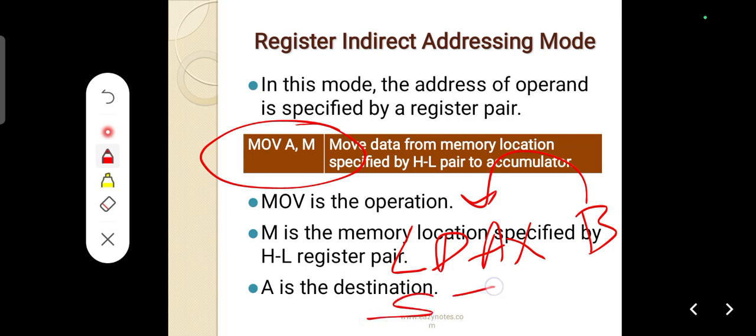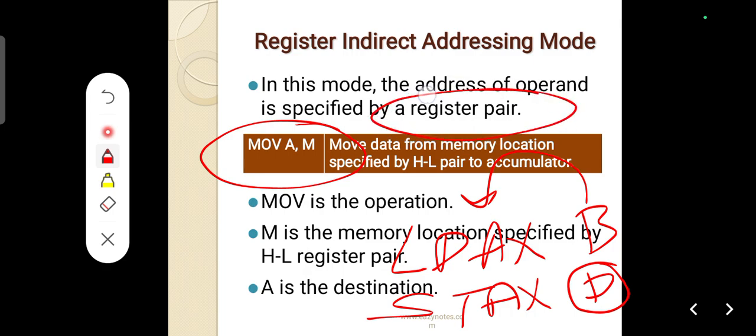Similarly, you might write STAX D. It means the content of the accumulator is going to be stored at some memory location, and that memory location is available with the DE register pair. That's the reason, whenever you are using a register pair, it is known as register indirect mode of addressing.